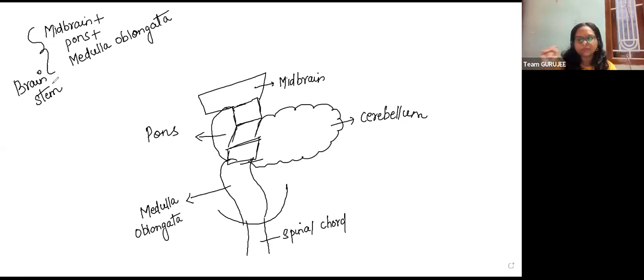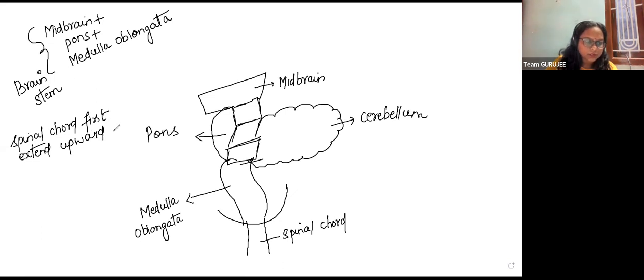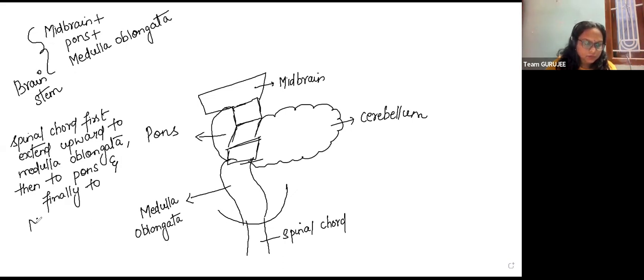Okay, so can you write the first sentence which I'm writing here? Spinal cord first extends upward to medulla oblongata, then to pons, and finally to midbrain.